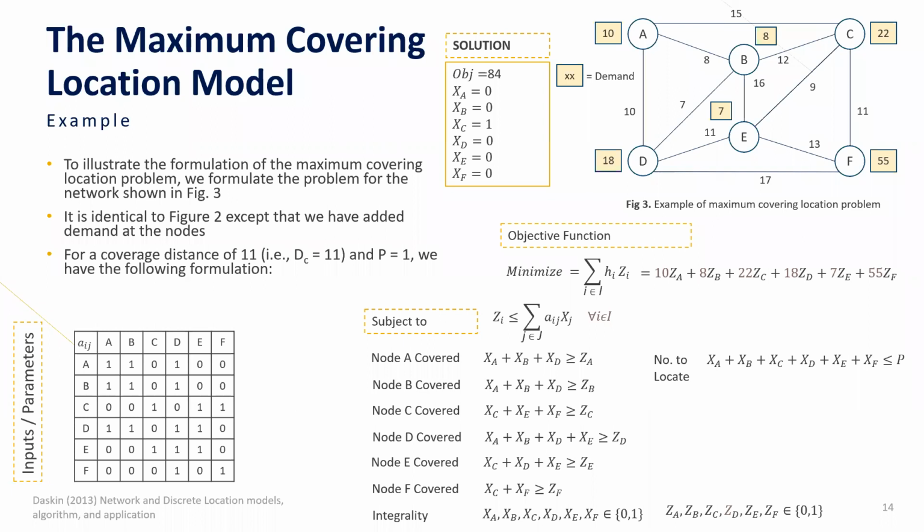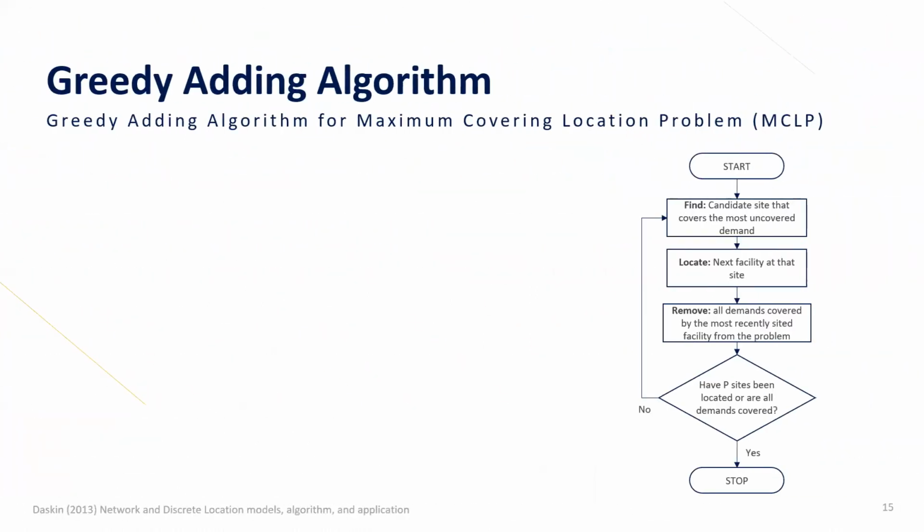one type of approximation approach. Last week I already introduced this one. It's called greedy algorithms, in particular for maximum coverage location problems. This has the complete name of greedy adding algorithm.